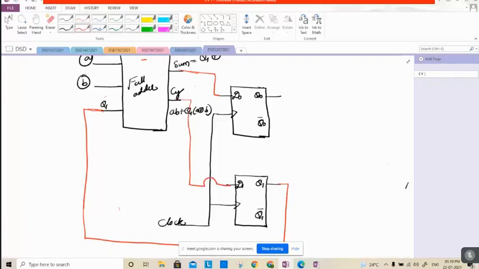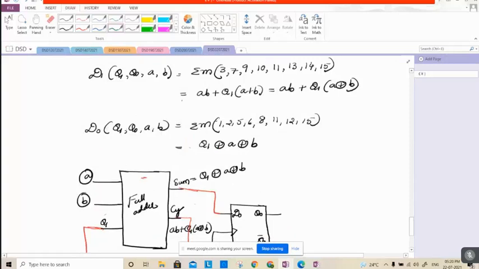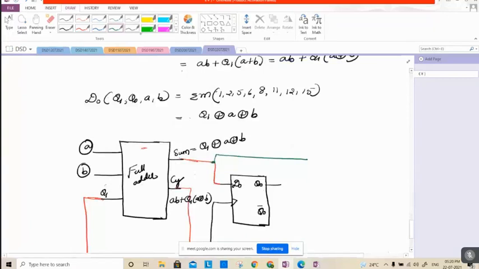All right. And finally, we take outputs. What is the value of Z? Z is equal to Q naught, from here.